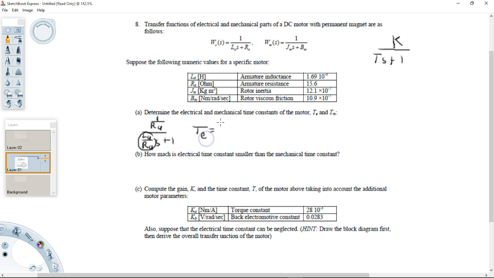So time constant of electrical. And they give you LA and RA. So in this case, if you divide those two numbers, you would get 0.000108 seconds.